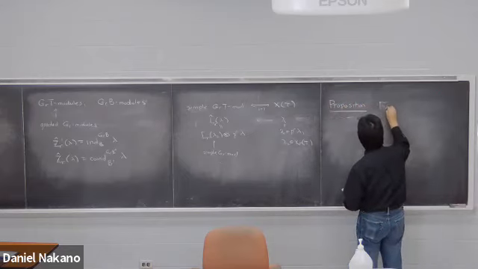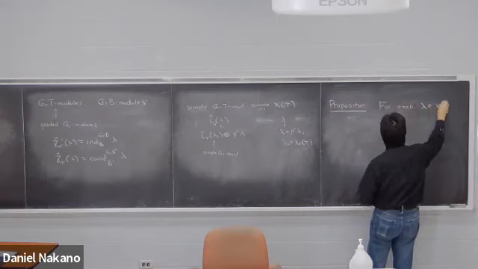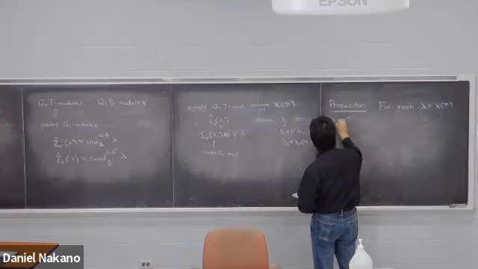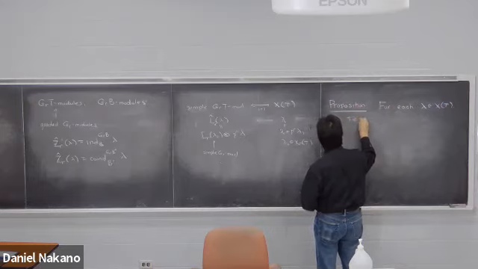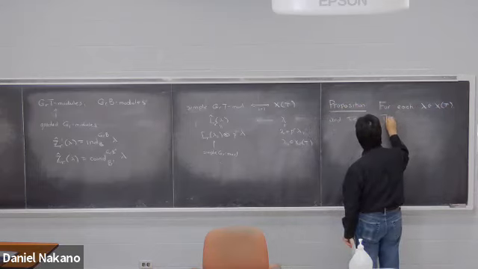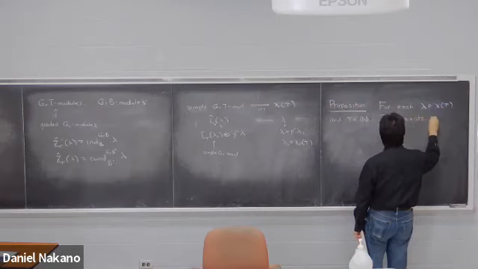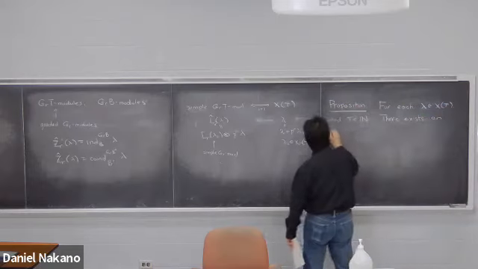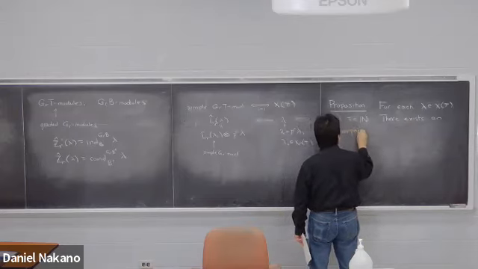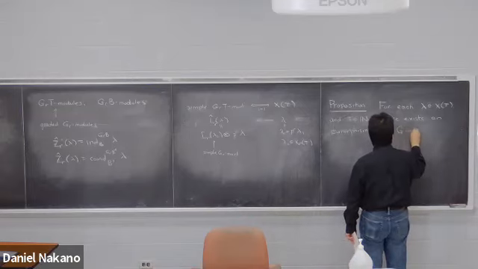For each weight and I in N, there exists an isomorphism of G modules.